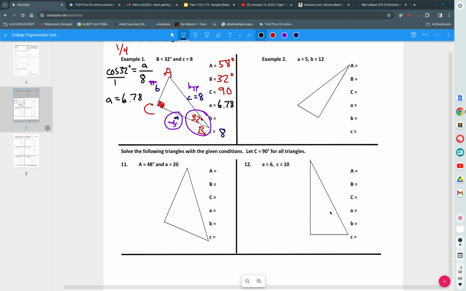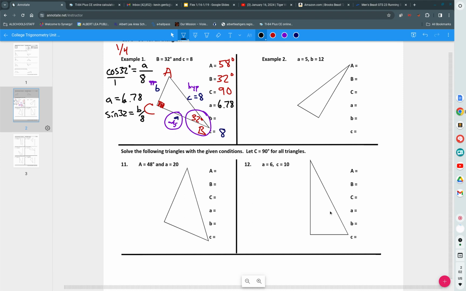All right. How are you going to find side B? Good. So you could use sine. You could say sine of 32 is B over 8. Can somebody think of another way to find B? Tangent. The Pythagorean theorem.